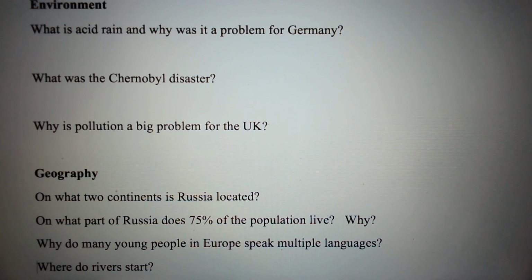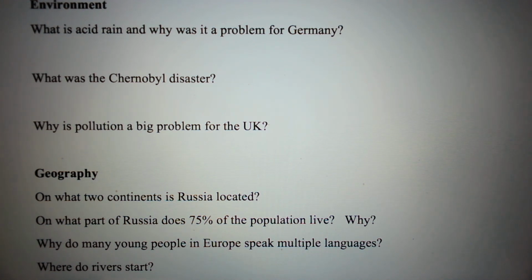A radiation cloud. And the wind carried that radiation cloud over many countries in Europe. And we talked about, what is the problem with that? Especially for certain countries right around Ukraine, it damaged some of their land's ability to produce crops. So some of the land around Chernobyl was no longer arable.